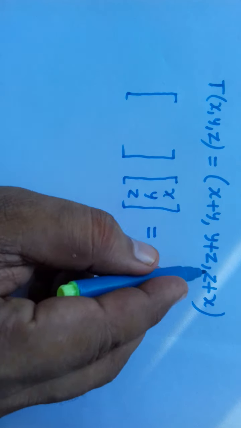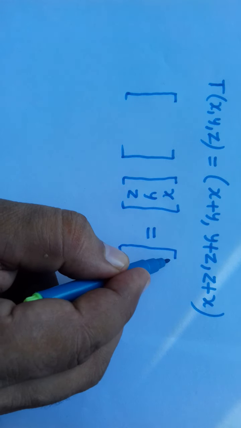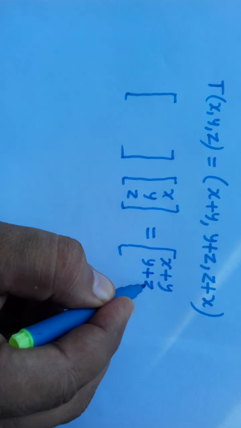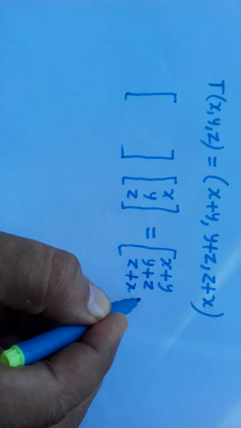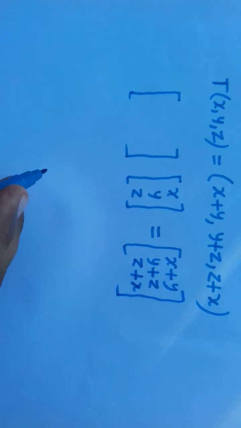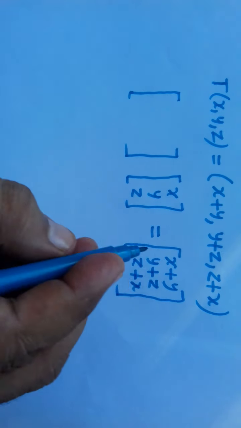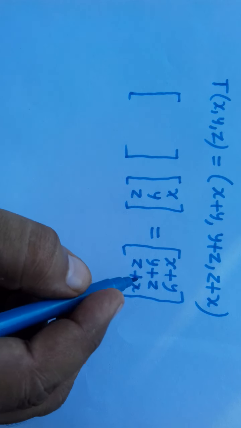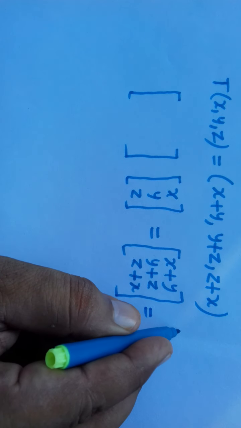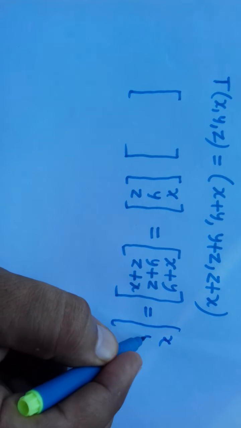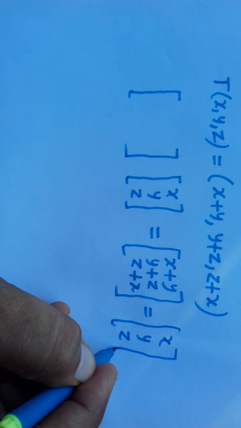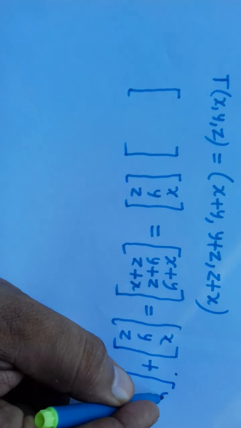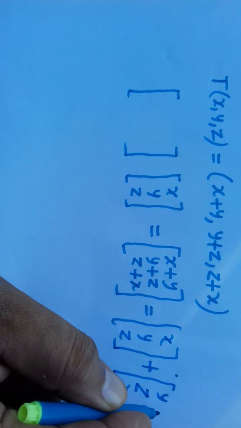Similarly, this will be written as x plus y, y plus z, z plus x. Now you see here, this matrix can be split in two parts. One x, y, z, and second after the plus sign y, z, x.